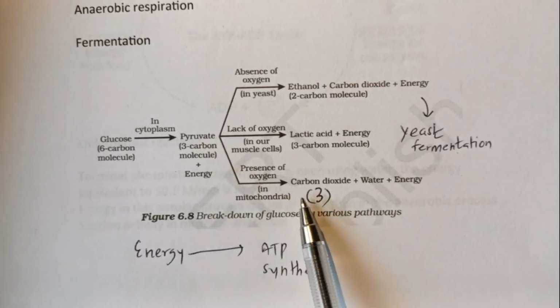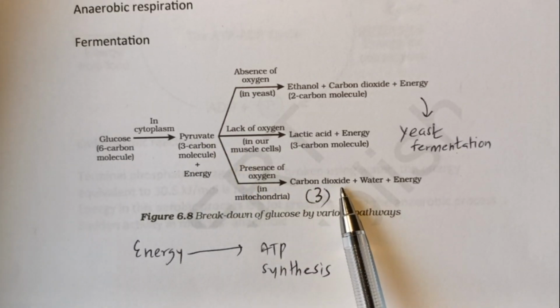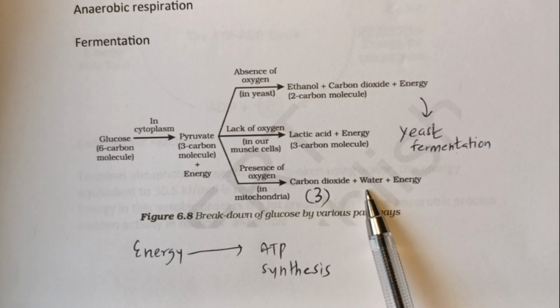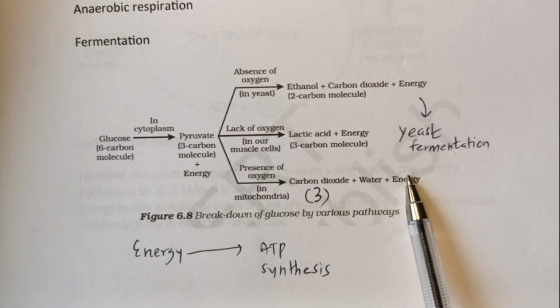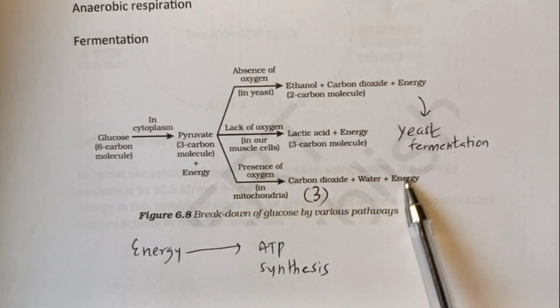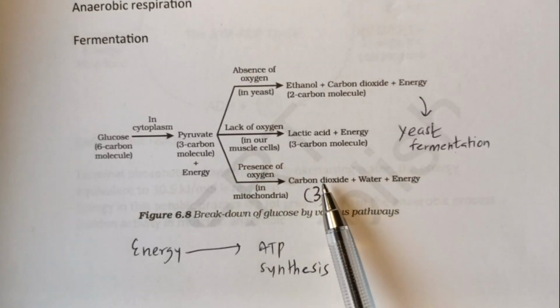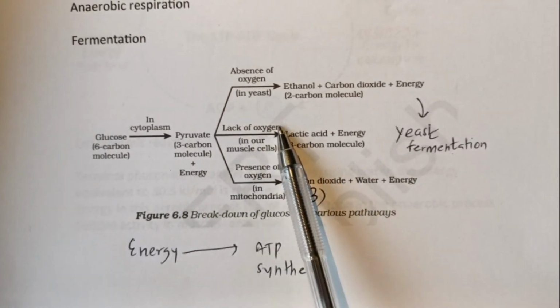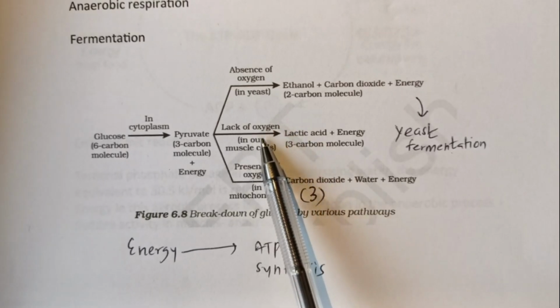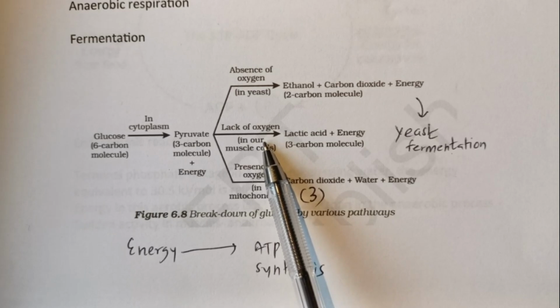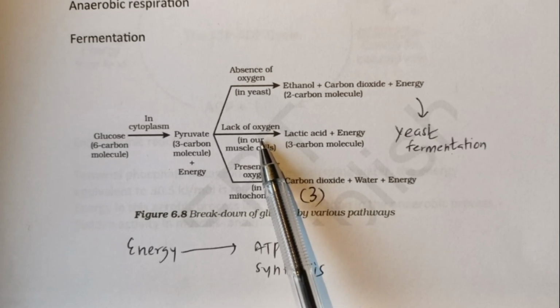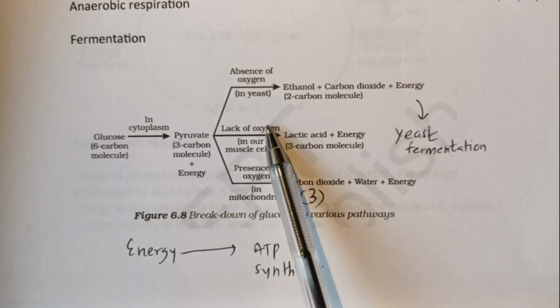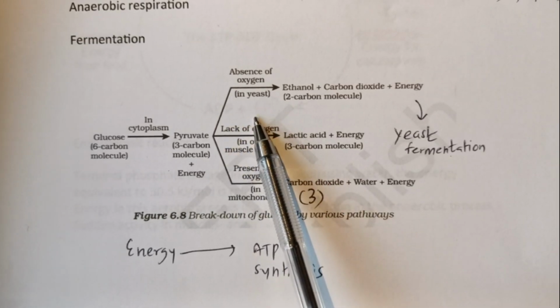The pyruvate will be converted further into carbon dioxide, that is three molecules of carbon dioxide, water, and energy. But in the human being itself, if there is a lack of oxygen, such as happens in our muscles when we are running or doing very vigorous, high intensity exercise, there's not enough oxygen available in those circumstances.